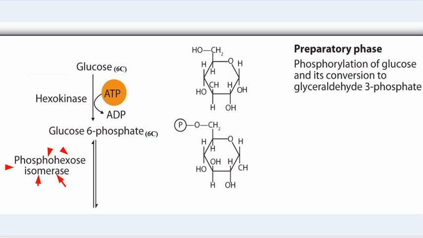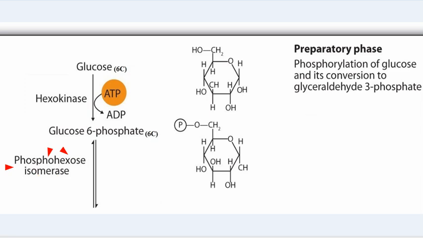Isomer, formation of isomer. You know the meaning of isomer. So we are making an isomer of glucose. What is the isomer of glucose? Fructose. So we are making fructose. But this is an enzyme, that's why we have added the suffix ase. So isomer plus ase is equal to isomerase.